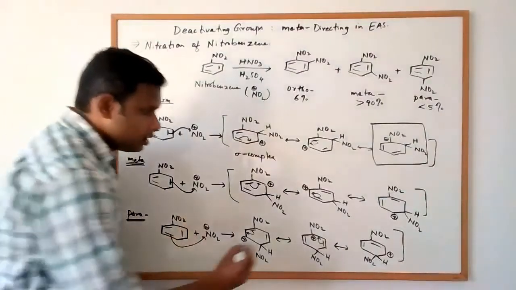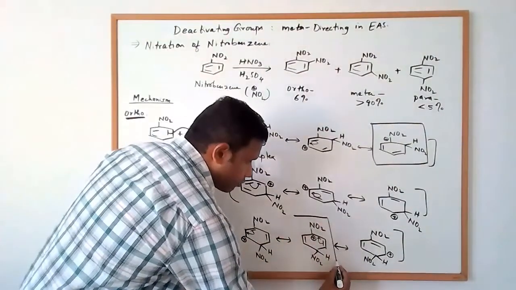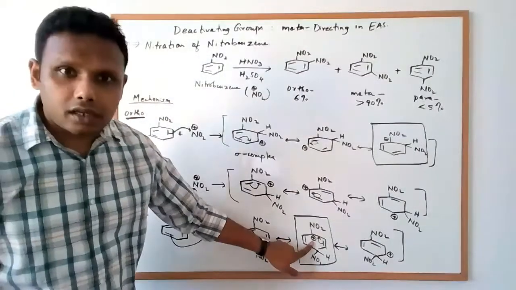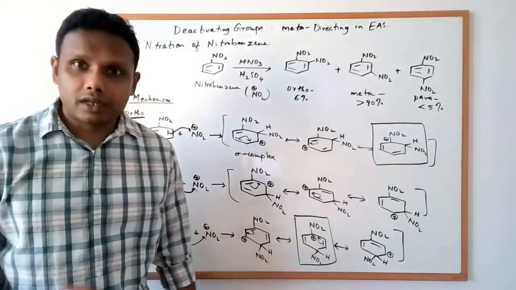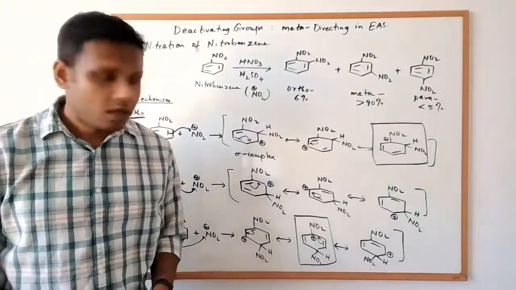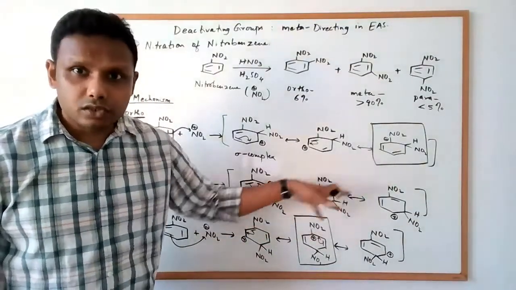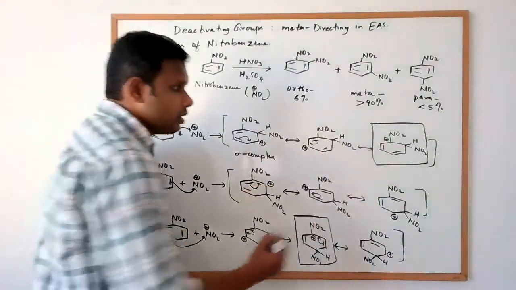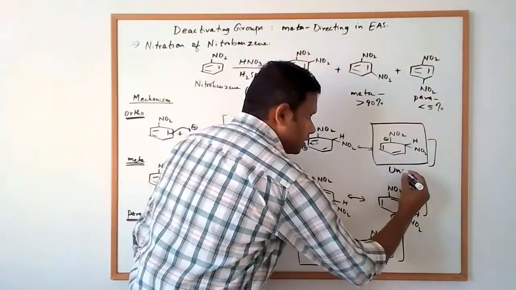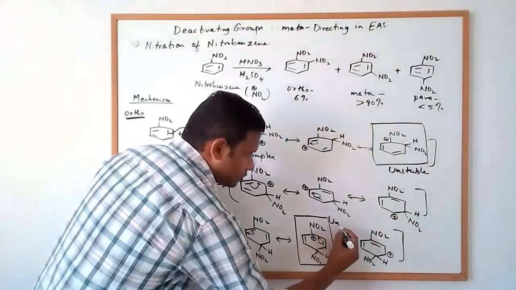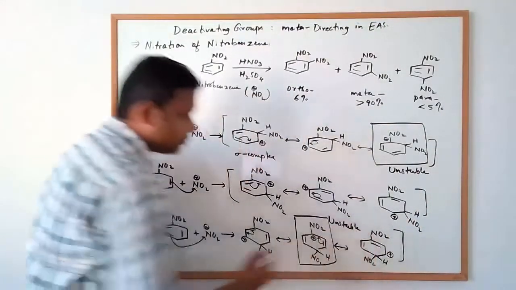And the same is true for the formation of the para product. The carbocation lands on a carbon which is next to the nitro group. So the formation of these carbocation intermediates in the resonance, this is going to be unstable. And this is also unstable.